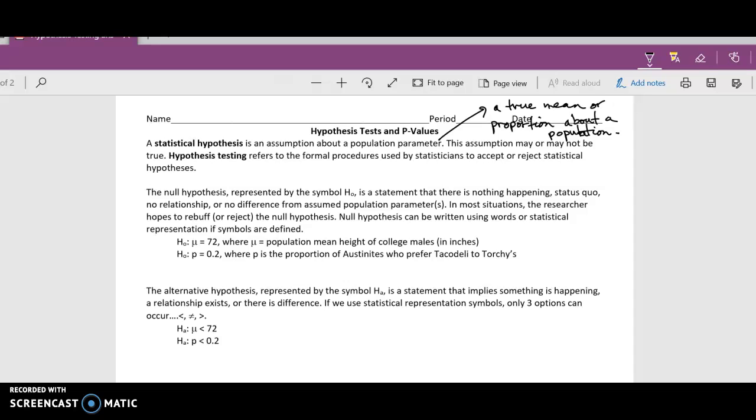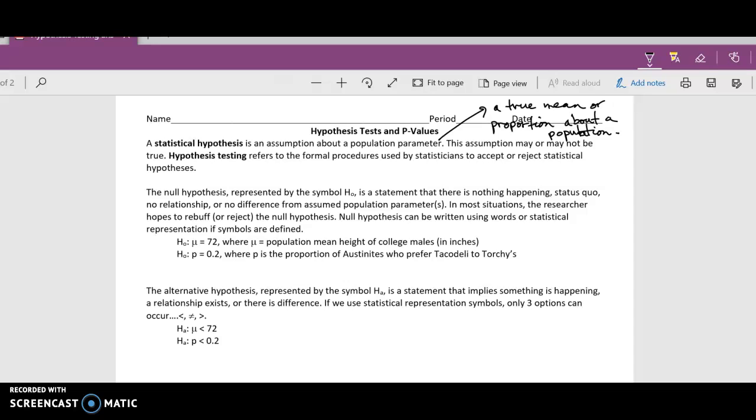Null hypotheses can be written using words or statistical representation if symbols are defined. So H naught could be that mu is 72, where mu is the population mean height of college males in inches. Or H naught could be that p is equal to 0.2, where p is the proportion of Austinites who prefer taco deli to Torchy's.